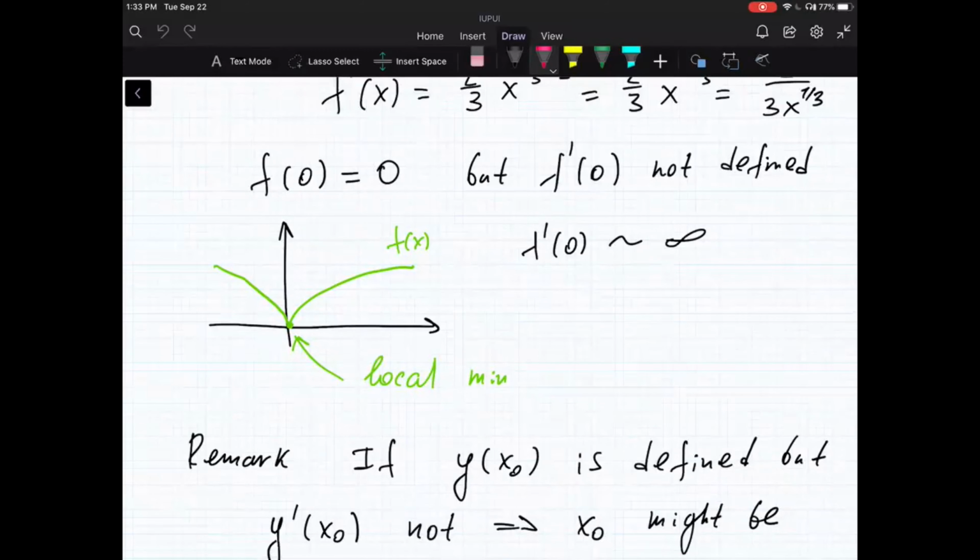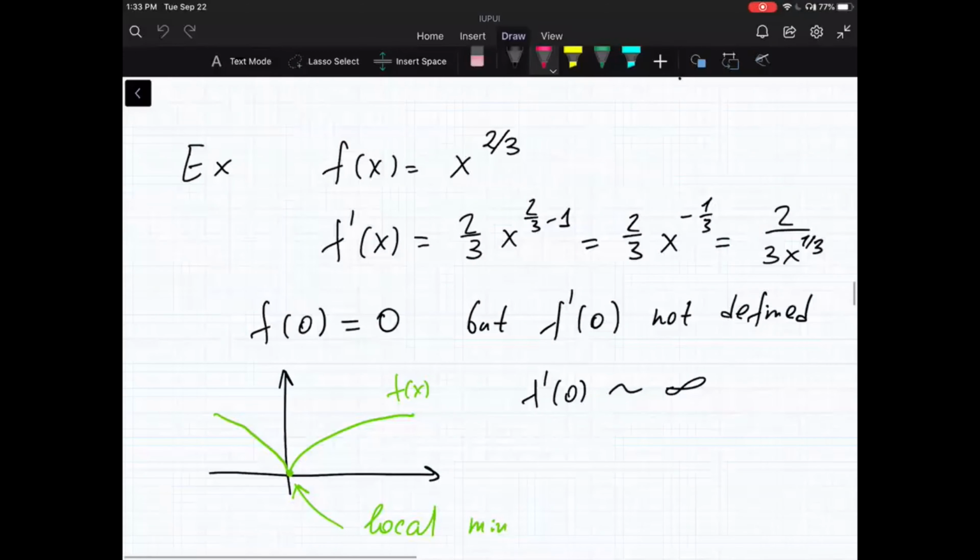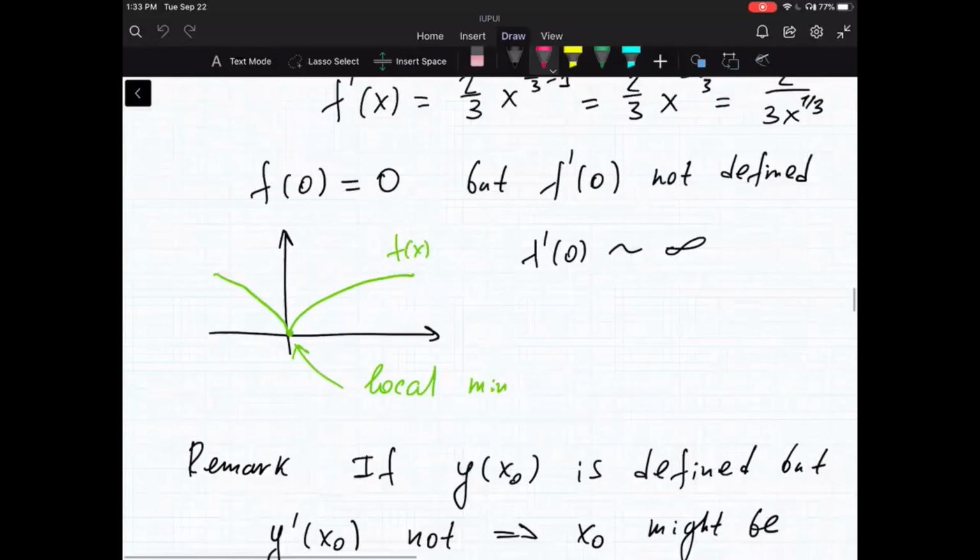And you should also check these points if you're interested in a local minimum or maximum.